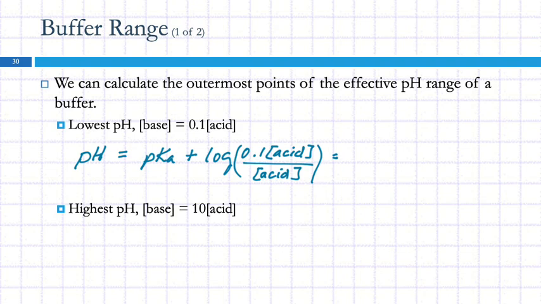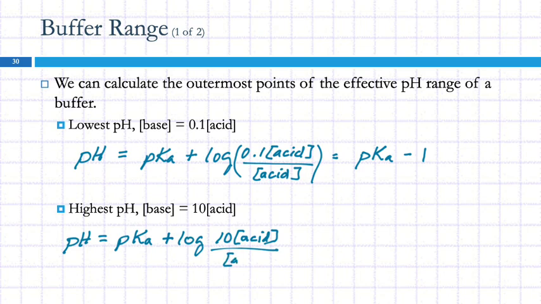A log of 0.1 is -1. And so this gives us the value of pKa -1. Down here, pH will equal pKa plus the log of the base concentration. So the base concentration is 10 times the acid concentration divided by the acid concentration. And so this will give us pKa +1.